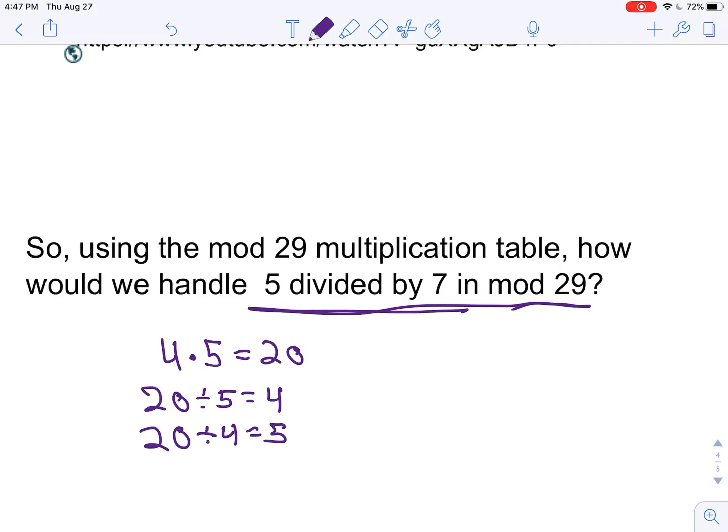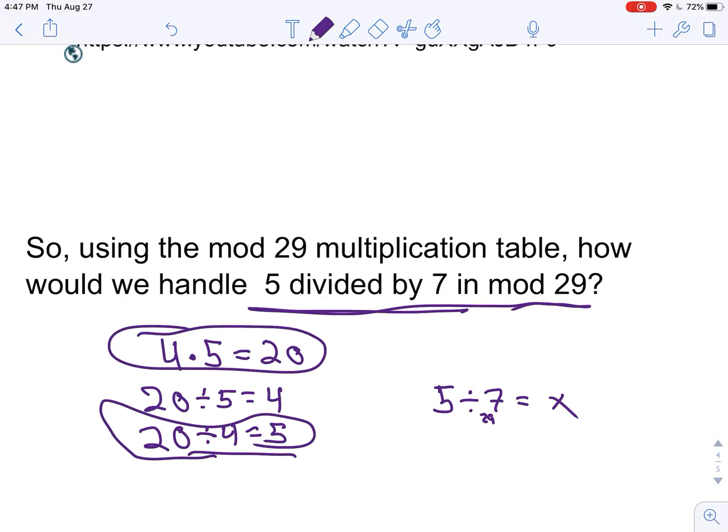Great. So if I'm asking about 5 divided by 7 in mod 29, if I don't know what that is, well, there must be a related multiplication problem. You understand? That is to say, just like here I said 4 times 5 equals 20, I could say 20 divided by 4 equals 5, and also 20 divided by 5 equals 4.